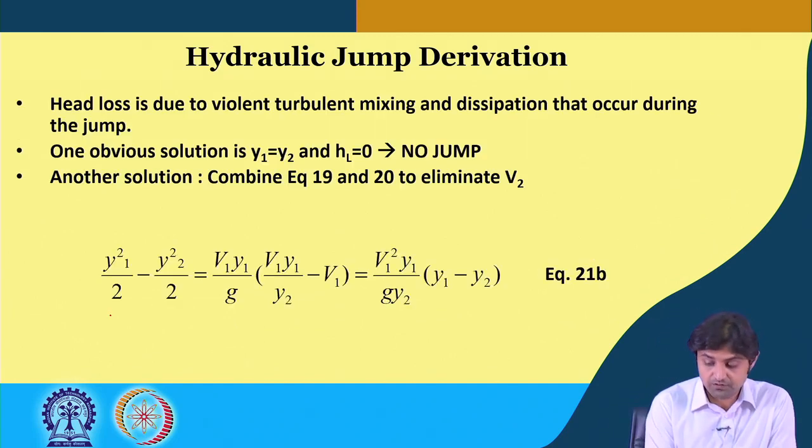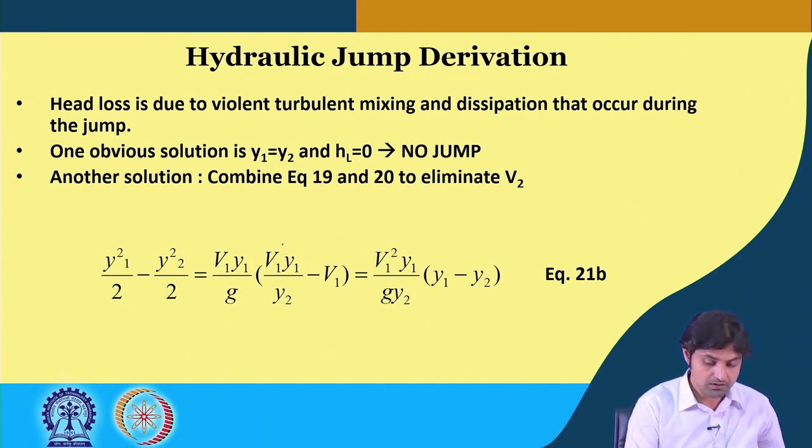see, this is equation number 19. So, y1 square minus y2 square by 2 is the same as the left hand side, V1 y1 by g is equal to, so here you remember there was a V2 term.